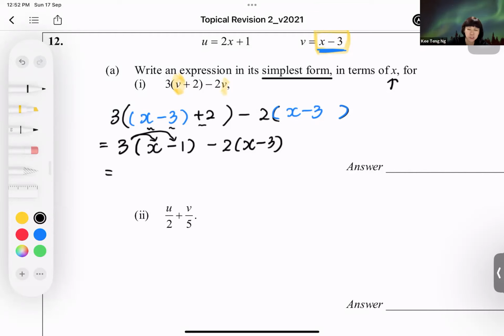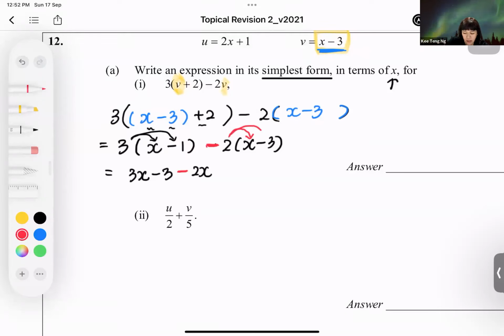So this one over here will be 3 times x, that will be 3x. 3 times negative 1, that will be minus 3. Okay, then next one, this is negative 2. Must be careful here. Negative 2 times x will give me negative 2x.